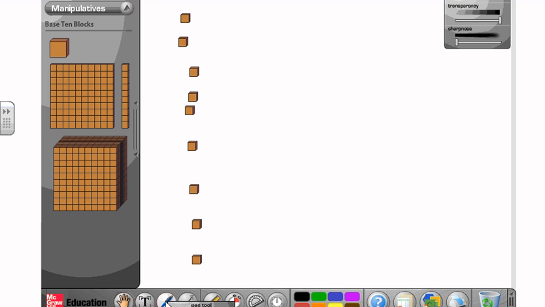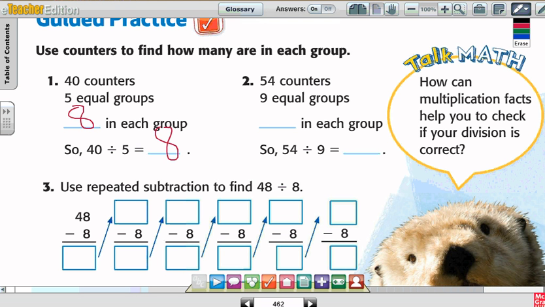And then also what I need, 9, 10, 11, 12, 13, 14, all the way until I get 54, right? So how many would be in each group? 54 divided by 9 would be 6. Now those take forever, don't they?